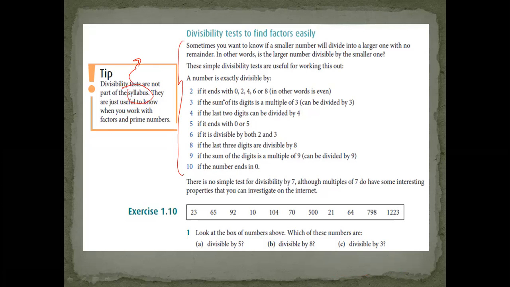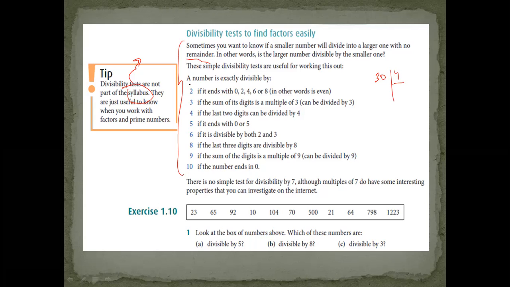Okay, divisibility tests help to find factors easily, for example. Sometimes you want to know if a smaller number will divide into a larger one with no remainder. For example, I want to know, can I divide 30 by 4 without remainder? I don't know, because I don't know these methods.